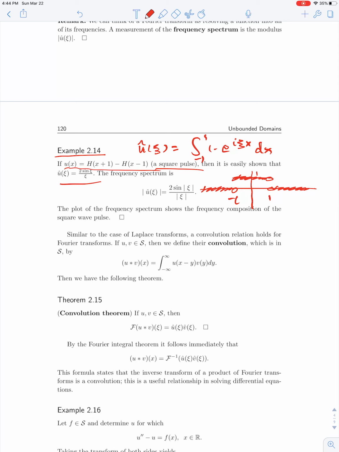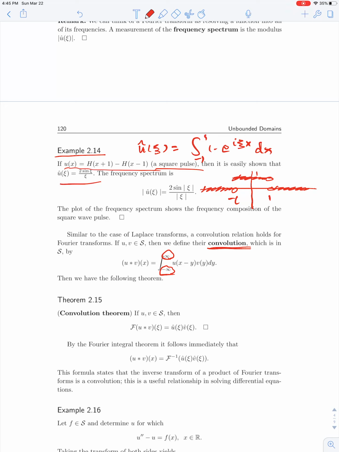Now, one of the properties that we have for the Laplace transform is also true for the Fourier transform. That is the convolution. Notice that in the convolution here, the integral is from negative infinity to positive infinity.